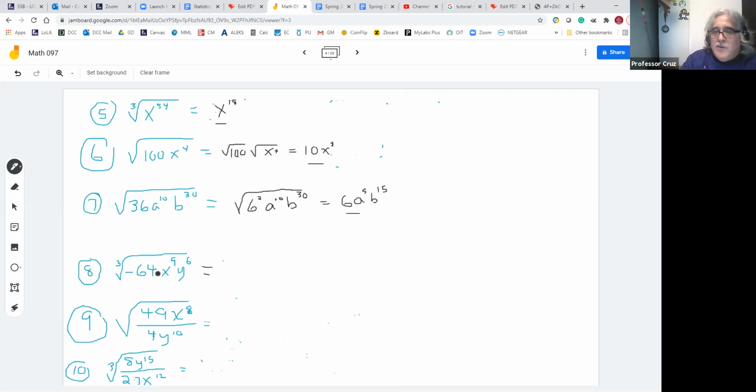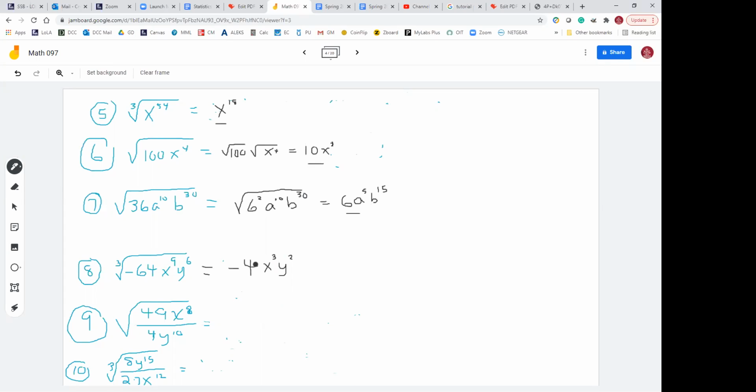All right, what about this one? The cube root of negative 64 is negative 4. 3 into 9. 3 into 6. How does that look? Looks about right.